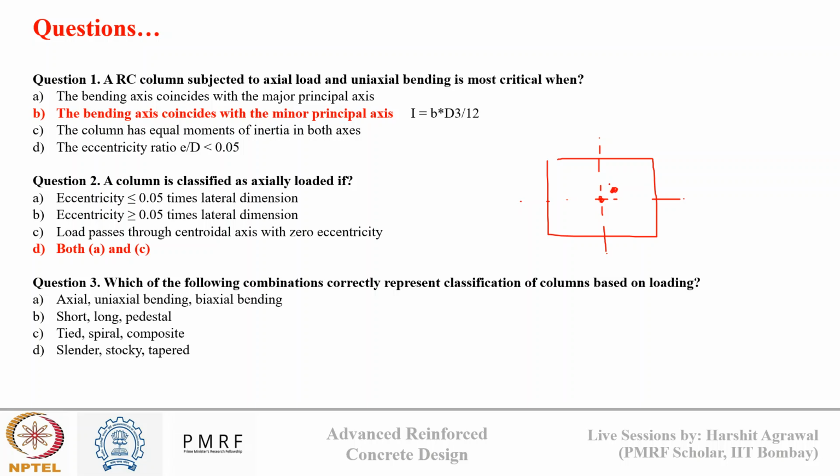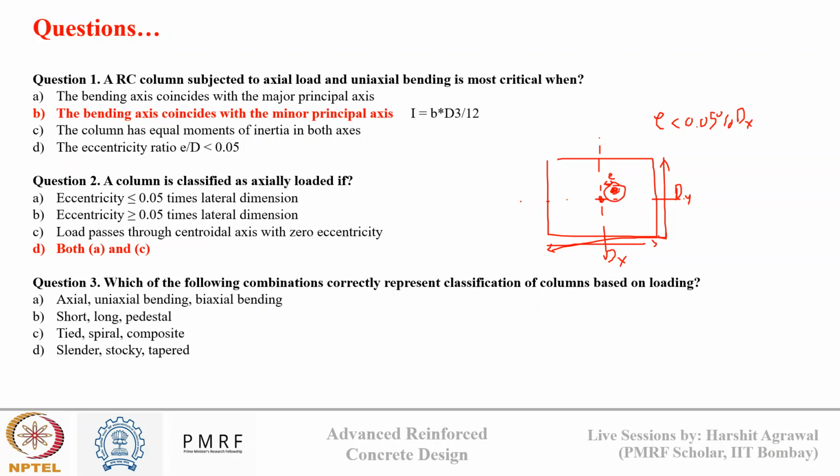Now what the code says: eccentricity e is the distance from the axis to the loading point. If this e value is less than 0.05 times, 5% of the dimension, where this side I will term as dx and this is dy, then we can ignore the effect of eccentricity.